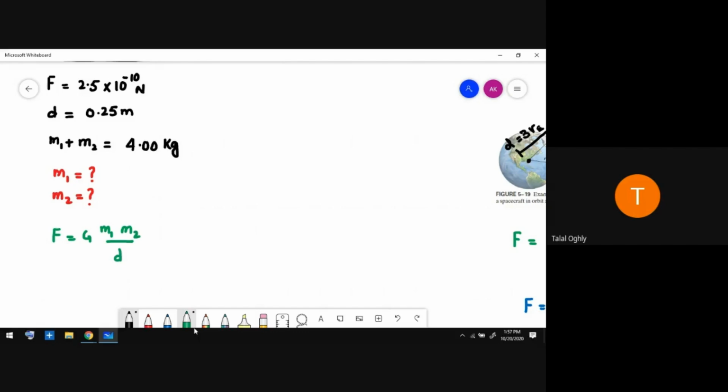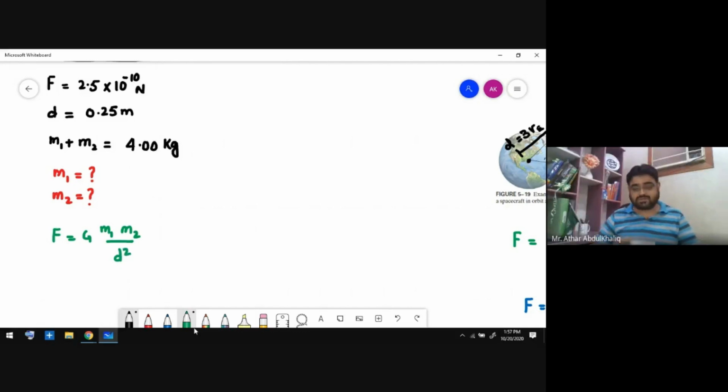Okay. Value of G is 6.67 times 10 to the power negative 11. Let me write it so that you will not be confused. So value of G is 6.67 times 10 to the power negative 11.